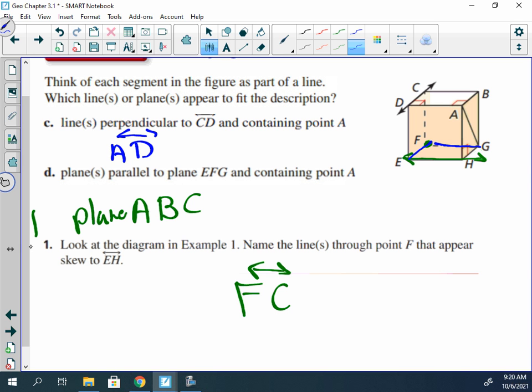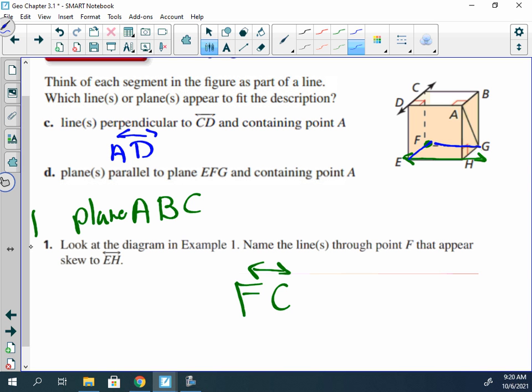Because FE and FG are both in the same plane as our given line, they would not work. Because FG doesn't intersect, and as long as they're all right angles, we're talking about a cube, those would be considered parallel since they're in the same plane. FE, as long as that's a right angle, they would be considered perpendicular because they do intersect.